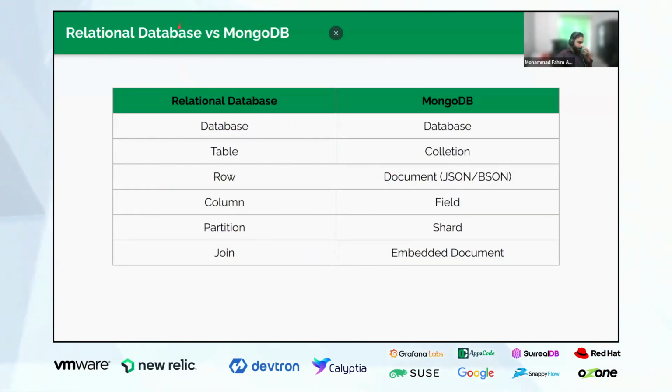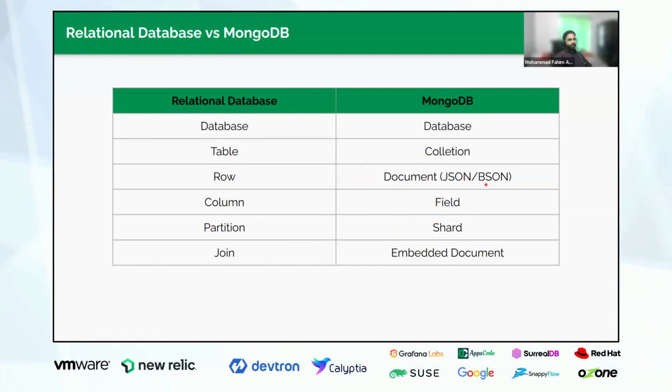If we compare the terms of a relational database with MongoDB, a relational database has something called a database, and inside the database you have many tables. MongoDB also has a database. The equivalent of a table here is a collection. A table has rows, but a collection has documents, which are in JSON or BSON format.